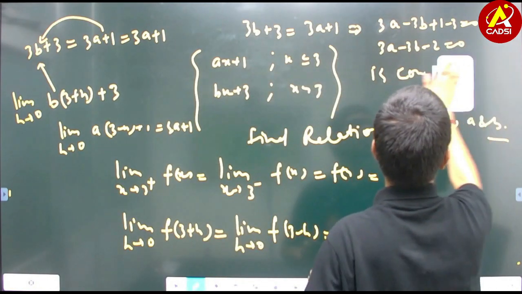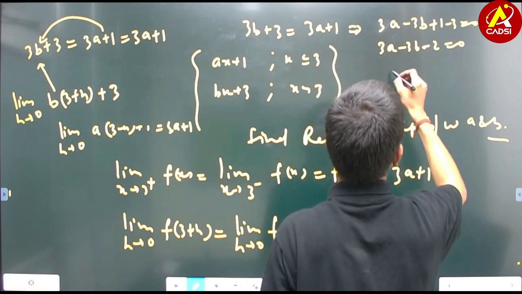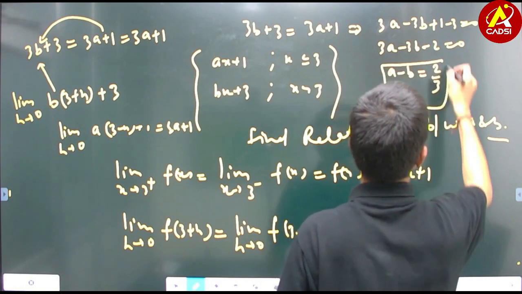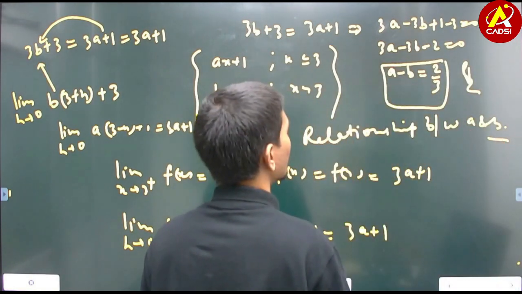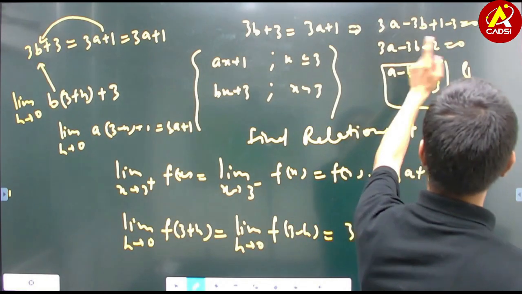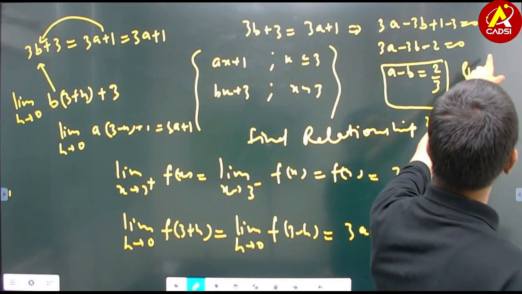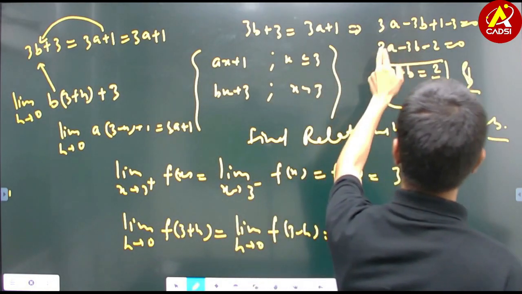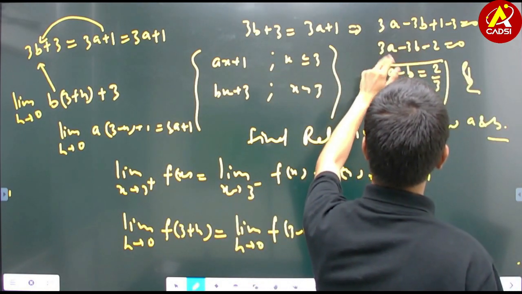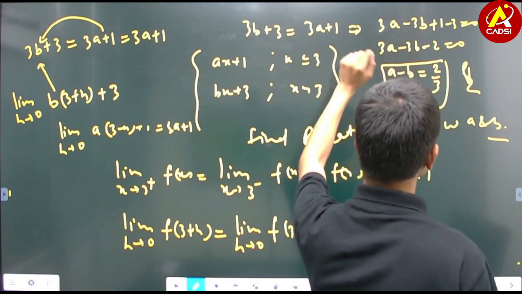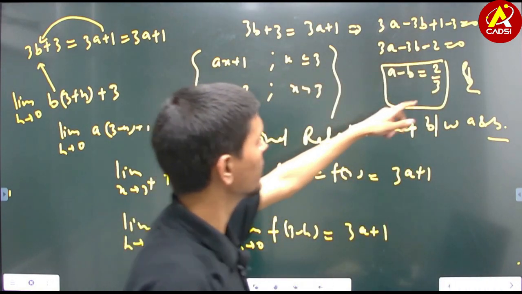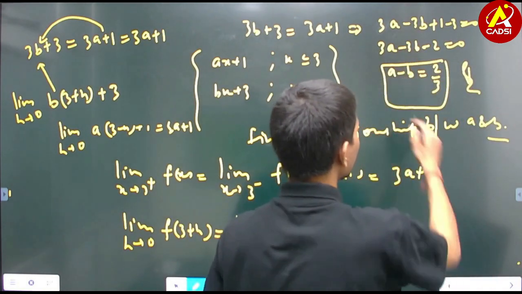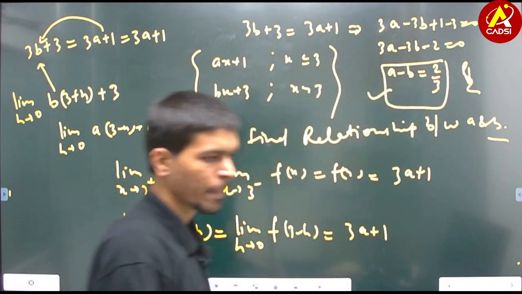So the relation is a minus b equals 2 upon 3, because here minus 2, then plus 2 on the other side, 3 can be common, and dividing, we get 2 by 3. So this is the relationship between a and b.